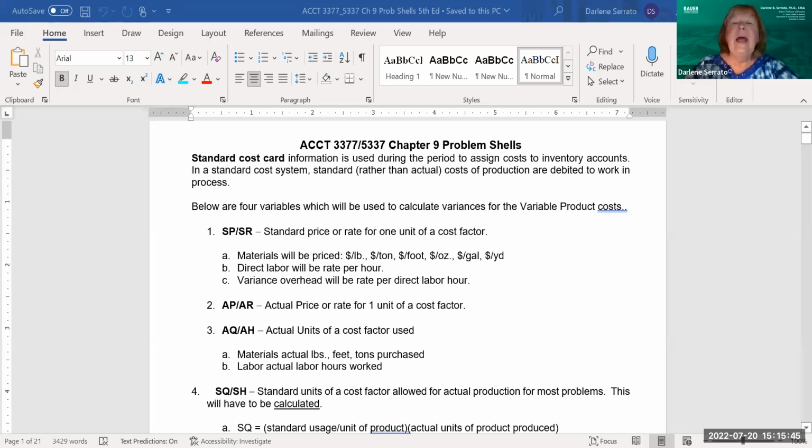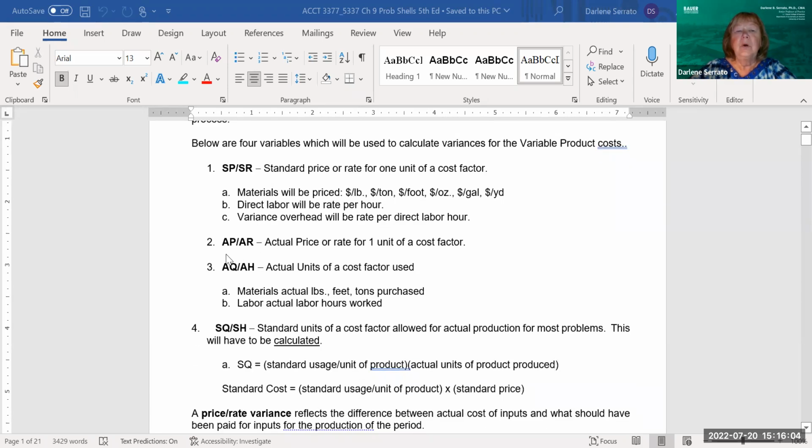Okay, now let's look at how we're going to work some problems associated with direct materials and direct labor variances. So we have SP or SR. P is used for materials, R for labor and overhead. A stands for actual, S stands for standards.